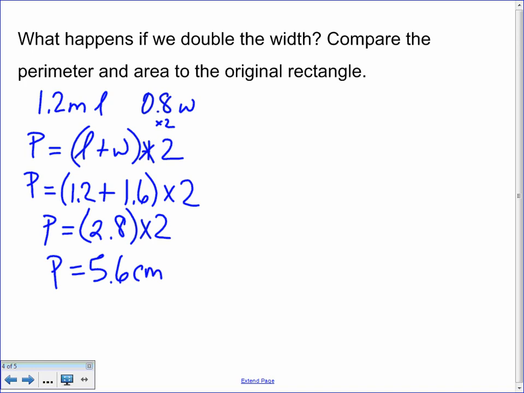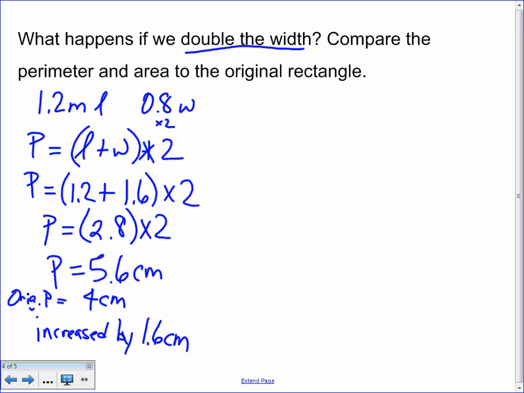Originally, my perimeter was 4 meters. So by doubling the width, I've increased my perimeter by 1.6. If I move over to the area, area equals length times width.